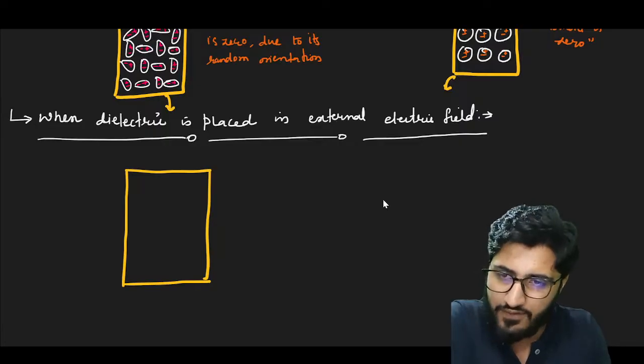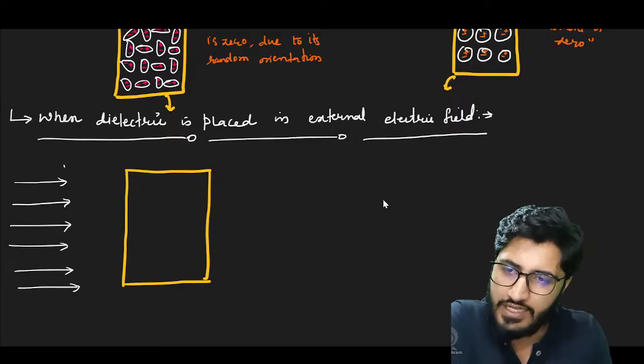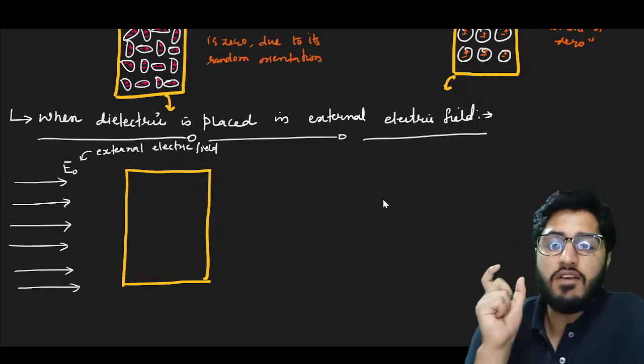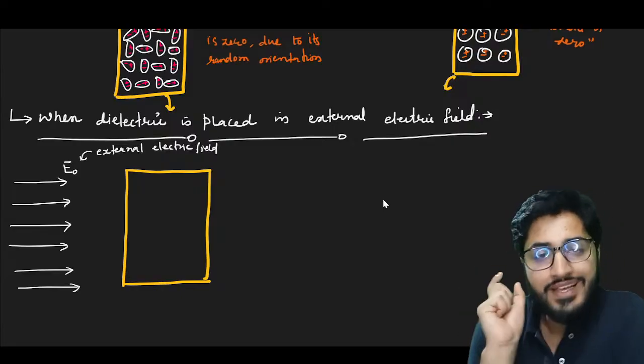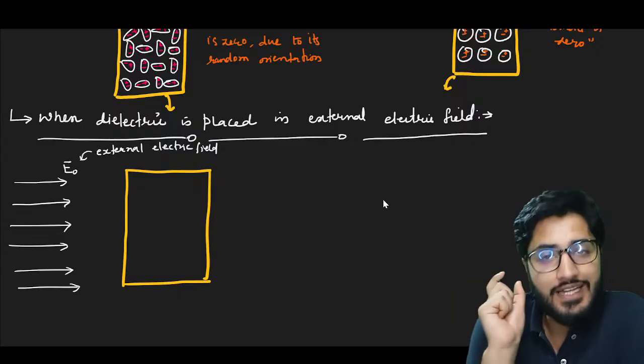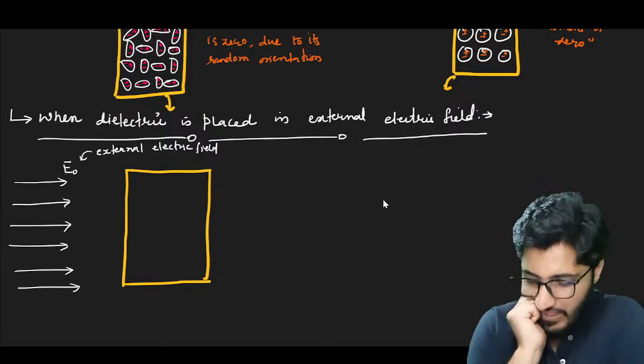If we are placing an electric field, this arrow represents our electric field. I will write E naught. This is the external electric field. And you know one thing: whenever we place any dipole in an external electric field, the dipole gets aligned in the direction of the applied external electric field. How, sir?